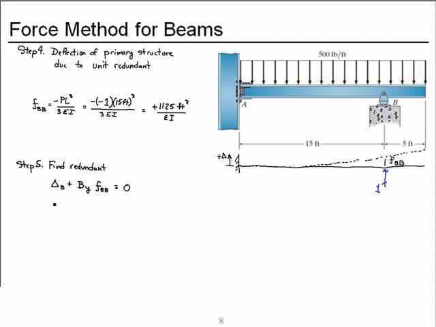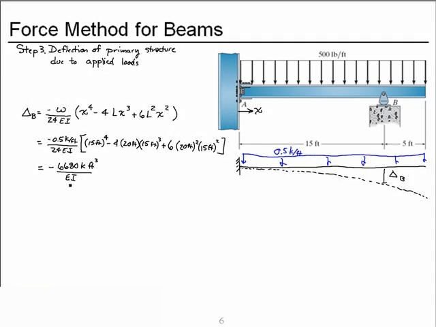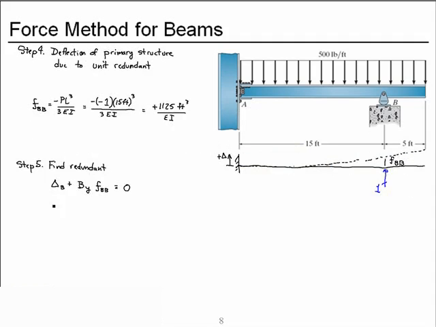In step 3, we calculated delta B to be minus 6,680 kip feet cubed over EI, to which we add By times the 1,125 feet cubed over EI, and that adds to 0. Well, the EI's will cancel out, the foot cube will cancel out, and we'll get a units of kips for By.